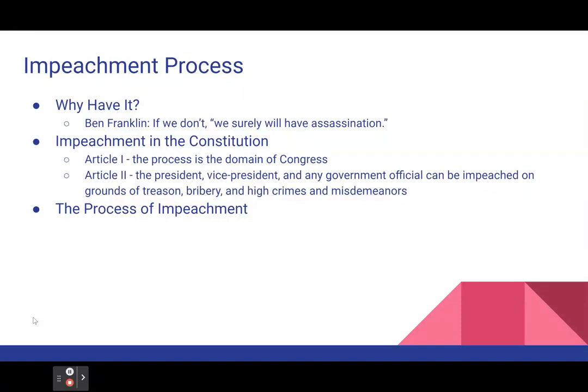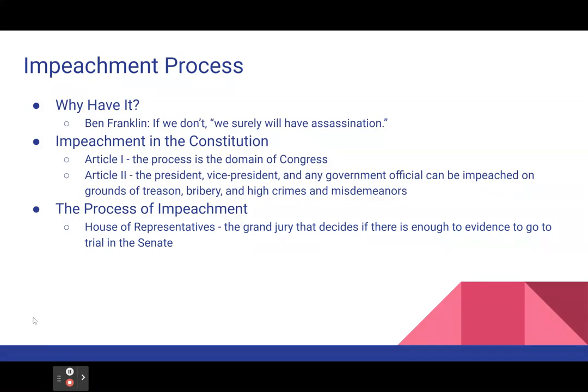So let's talk about the actual process of impeachment. When we talk about the process of it, it begins with the House of Representatives. The House of Representatives is essentially the grand jury in this process. The House of Representatives is where you will actually decide if this official will be impeached.